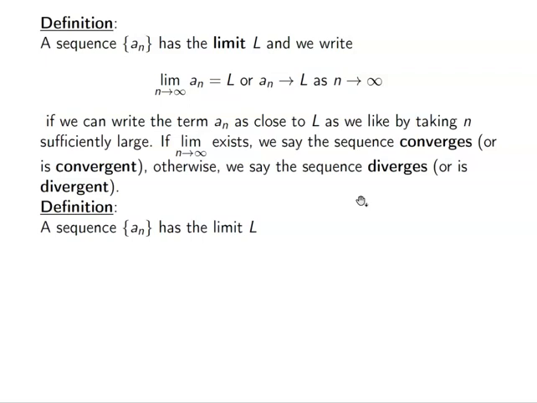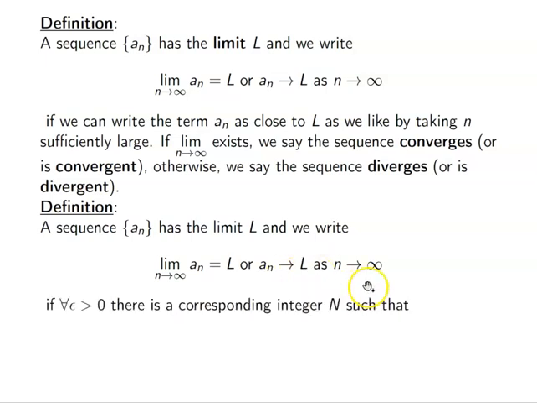Okay. So next definition: a sequence, a sub n, has the limit L, and we write again that the limit as n goes to infinity of our sequence equals L, or my sequence goes to L as n gets very, very large, if for every epsilon larger than 0, so basically for any small value that I look at that's larger than 0, there's somewhere past which the distance between the term in my sequence and that limit is less than my choice of epsilon.